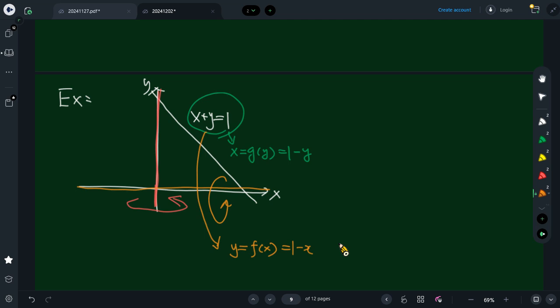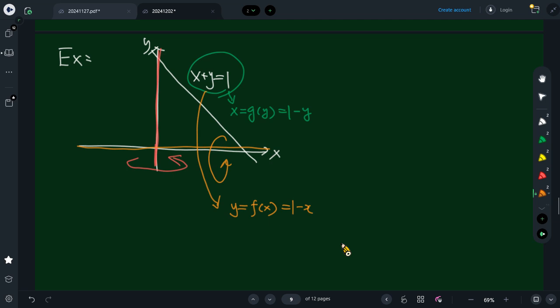Let me emphasize again. If the revolution is about the y-axis, you need to change it to x equals some function of y. If the revolution is about the x-axis, you need to change it to y equals some function of x. In this case, we follow this one.